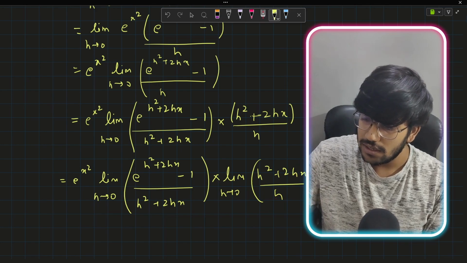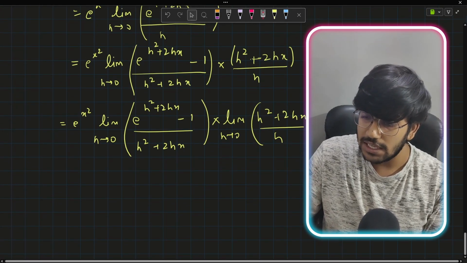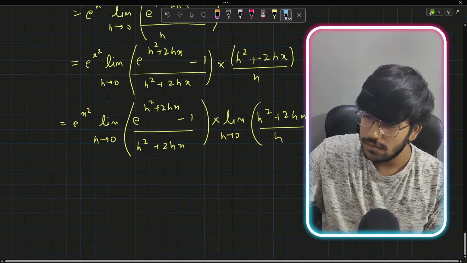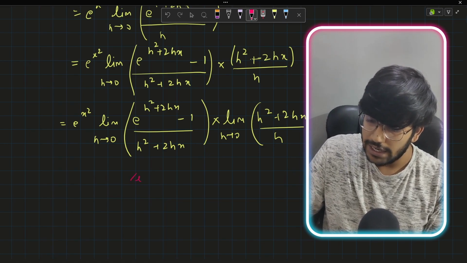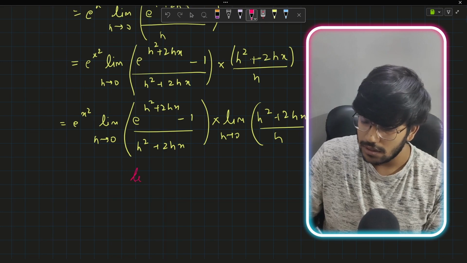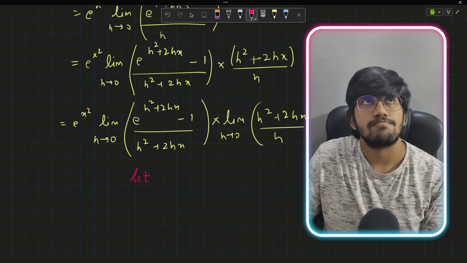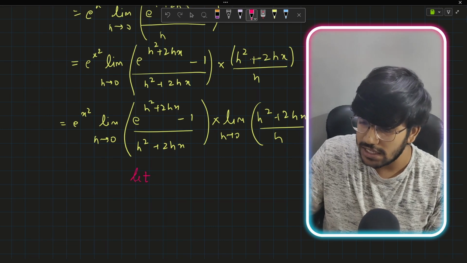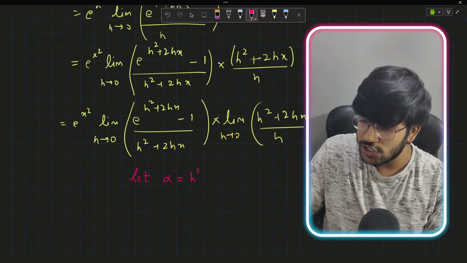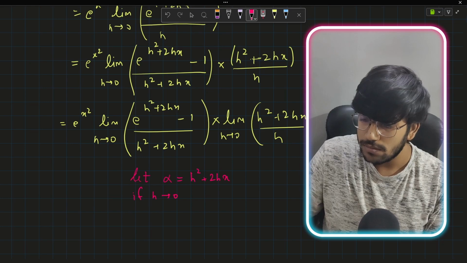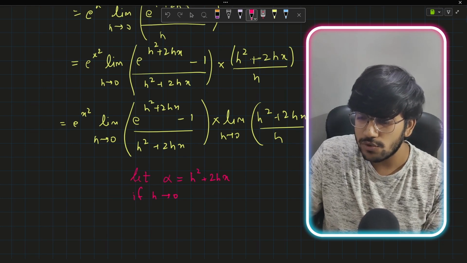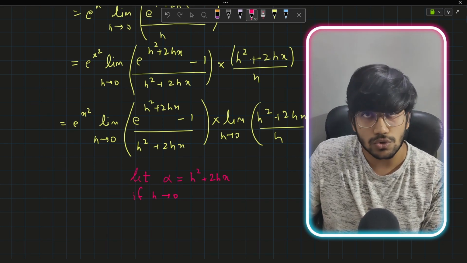Before we cancel the h, let's say alpha is equal to h square plus 2h of x. If h goes to 0, this term also goes to 0 and this term also goes to 0.